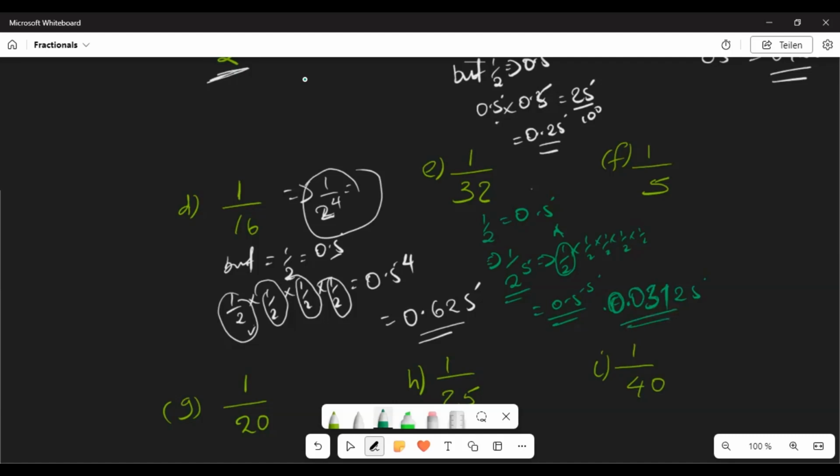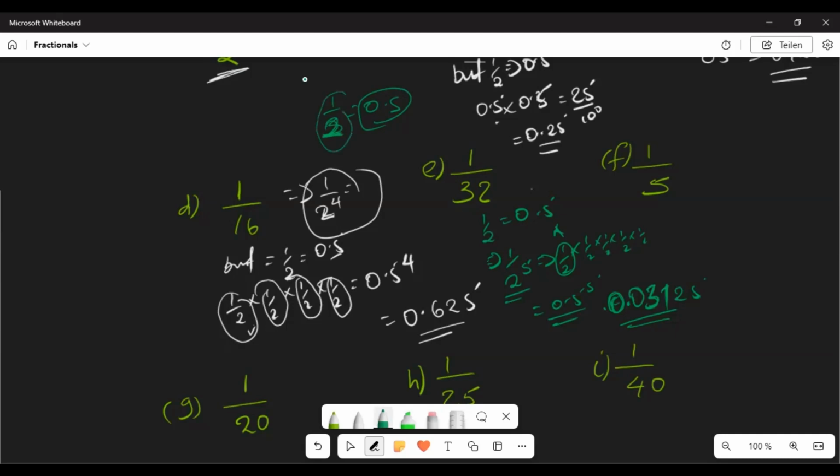Yeah, so that's going to be our answer. So what we've done so far is that we have used the knowledge that we have of a half, 1 over 2 giving us 0.5, to then multiply to find 1.16 in decimals using just the basic knowledge of this.